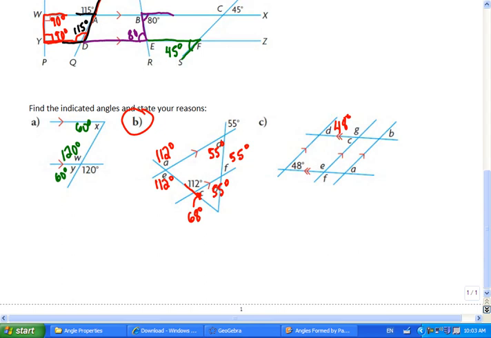Sure, Alex. E is 132. How'd you know that? Yeah, so these angles here make up the C angle. They're supplementary, meaning they add up to 180. Okay, another angle? Yeah. G is 132.